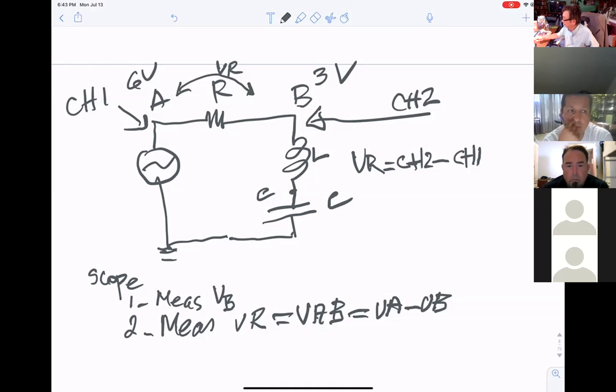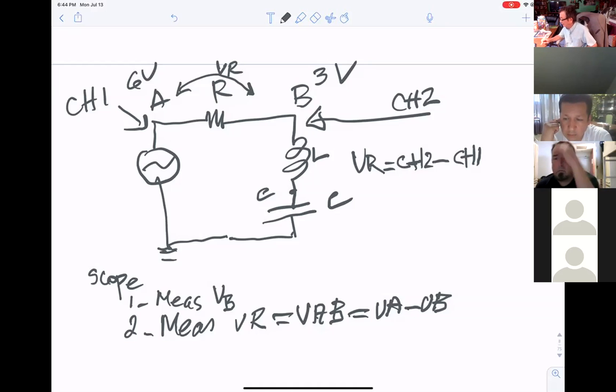Then you connect channel 1 to A, channel 2 to B, then you can go to the math function. You can select channel 2 minus channel 1. And it will give you the answer.